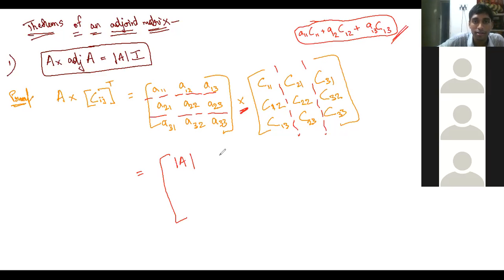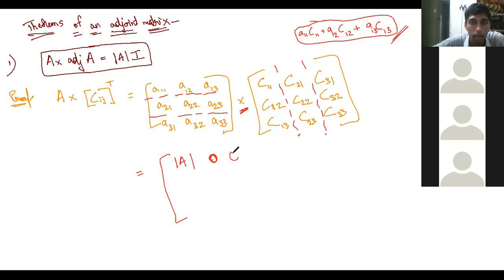Next one. A11 into C21, A12 into C22, A13 into C23. This becomes zero. Why? Because of the property of determinants. Similarly, what is the next term? Simple.